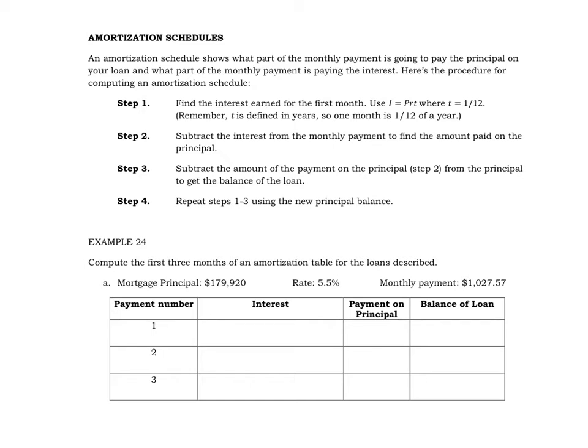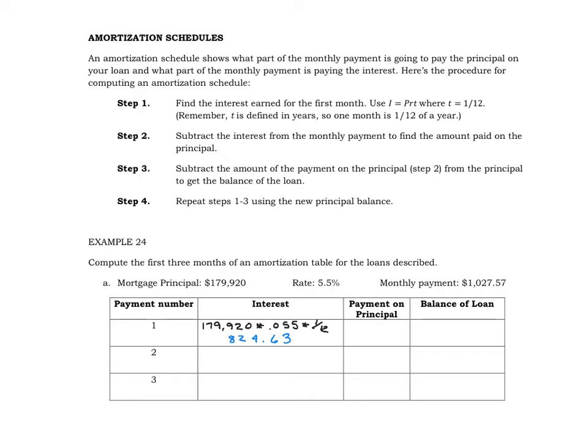It says compute the first 3 months of an amortization table for the loans described. So for our mortgage principal of $179,920 with an interest rate of 0.055 and a time of 1/12 gives us $824.63.